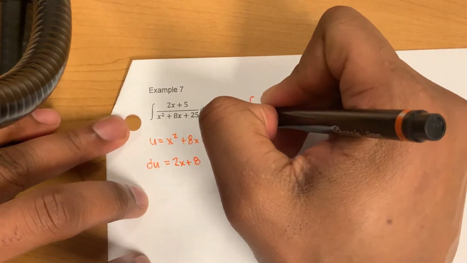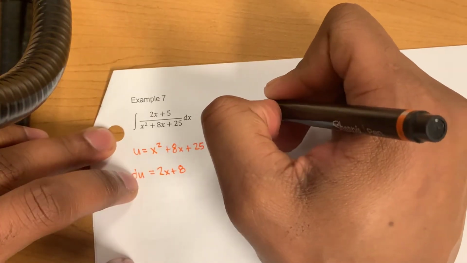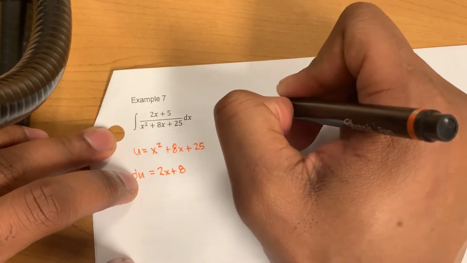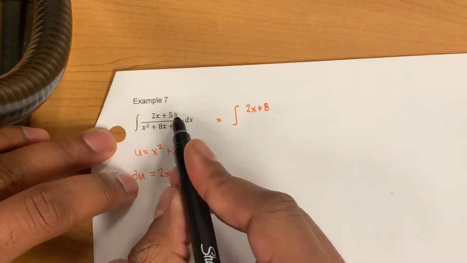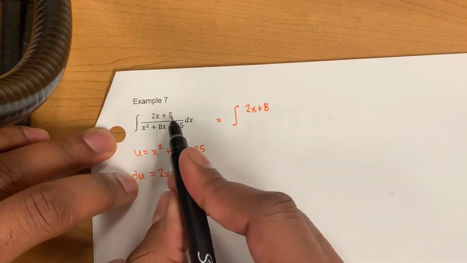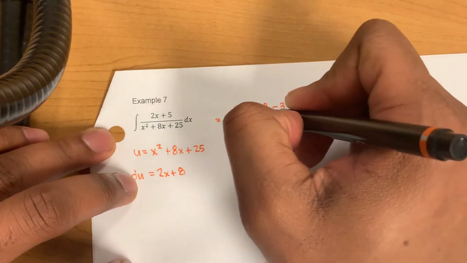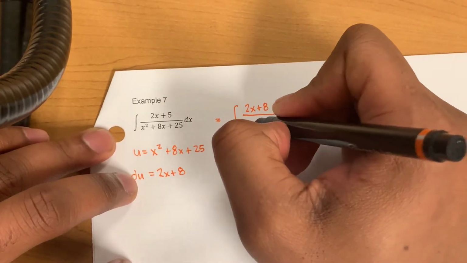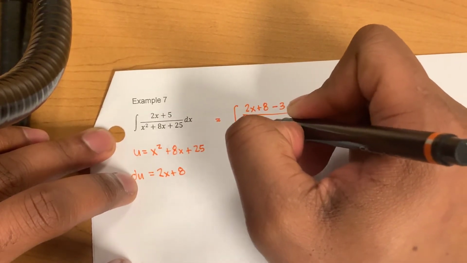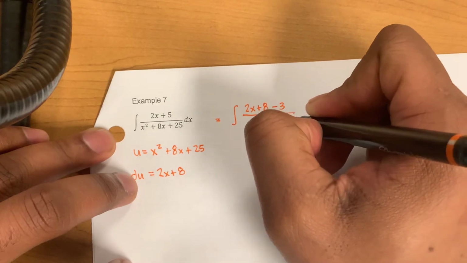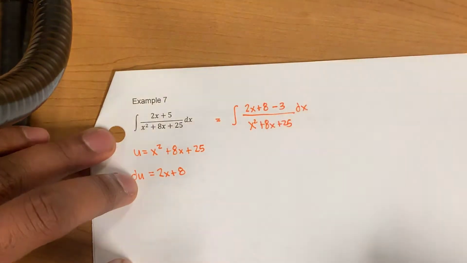So imagine we rewrite this to be 2x plus 8. And then to still have a 5 in the numerator, we would need to include a minus 3. And we can do that over x squared plus 8x plus 25 dx.